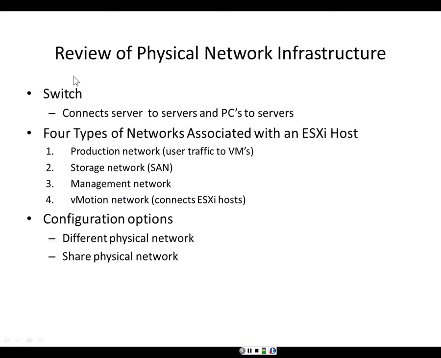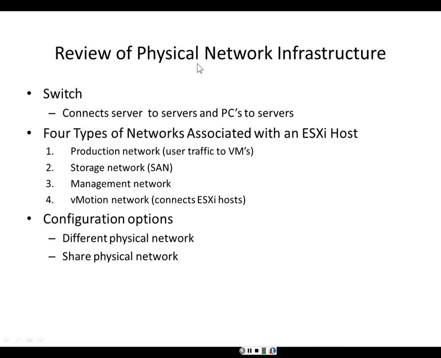So, review of physical network infrastructure. A switch connects servers to servers and PCs to servers and everybody to the uplink. There are 4 types of networks associated with an ESXi host: production, storage, management, vMotion, and there are 2 types of configuration options: a different physical network for each type of traffic, or they can all share the same physical network.